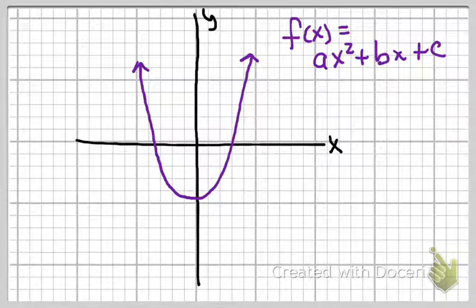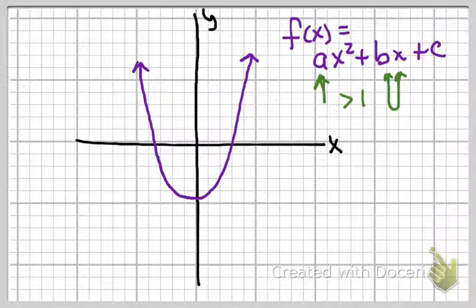This is the standard form, and it does help to know what each of these stands for. So like the letter A: if that number is greater than 1, then the parabola gets narrow. It gets a lot thinner.